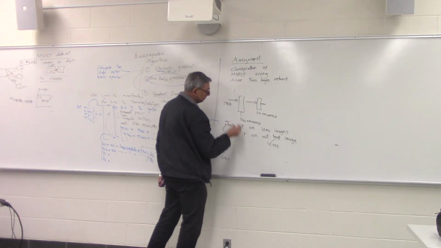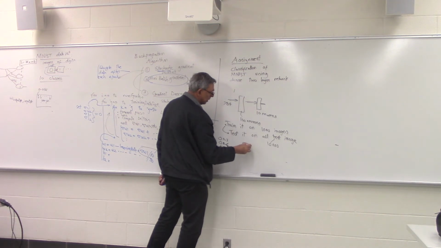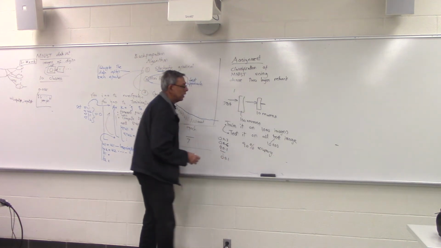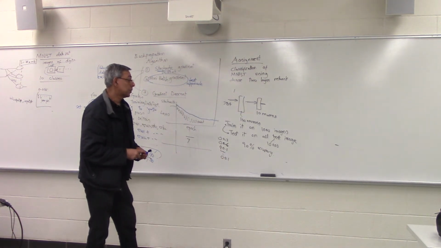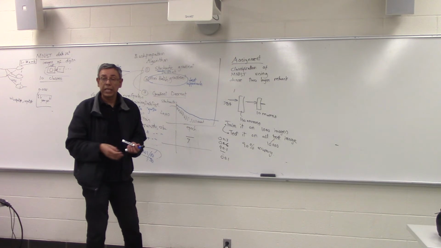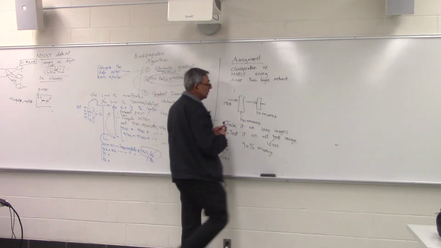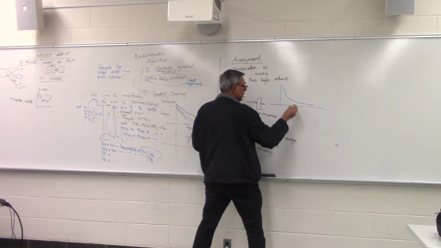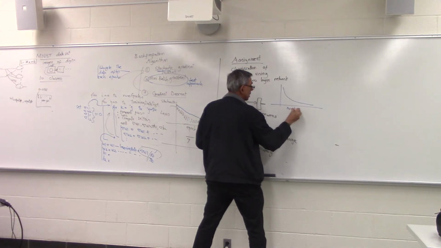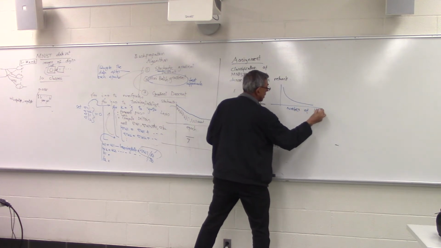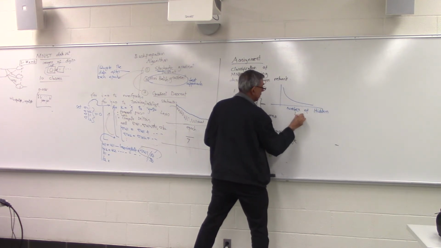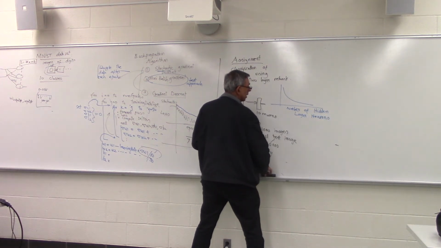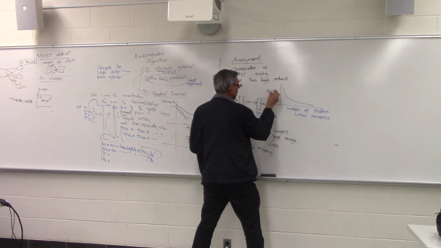Once you do it, if you have programmed it correctly, you will get about 90% accuracy. Or maybe even less, maybe 85% accuracy. One of the plots I'd like you to do is the number of hidden layer neurons versus accuracy.